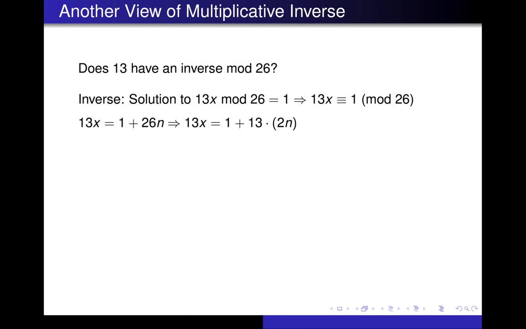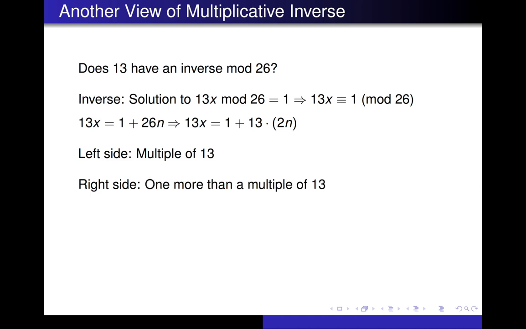Now I'm going to do the same kind of analysis with the left and right sides of the equation. On the left side, no matter what x is, it's going to be some multiple of 13: 13, 26, 39, 52, etc. But on the right side, 13 times 2n is itself a multiple of 13, and if you add 1, it's 1 more than a multiple of 13.